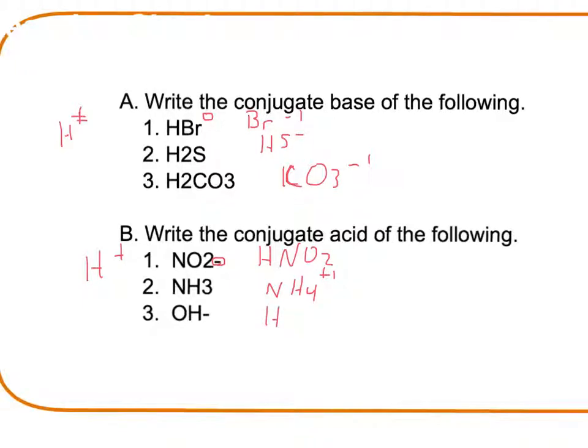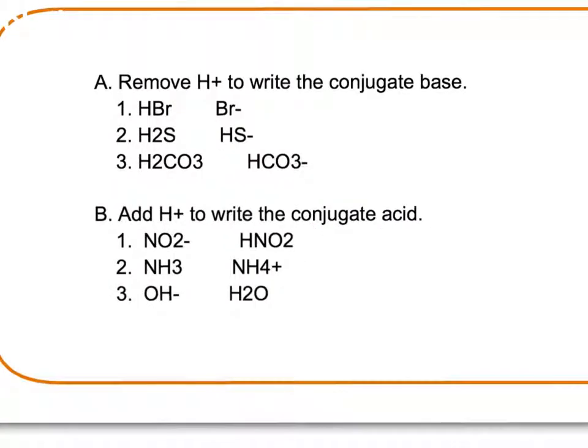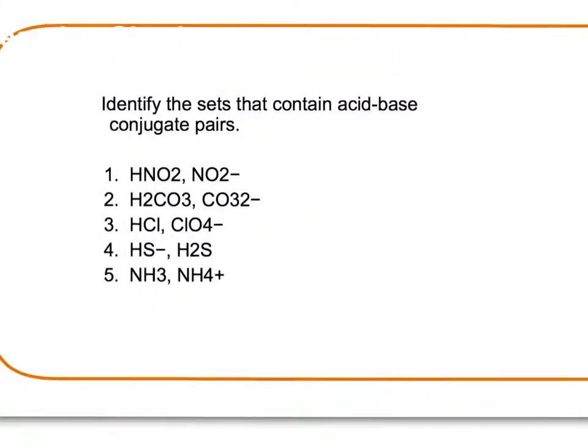Here we will have HOH. We added that positive charge, it dropped. You can also write this as H2O. Here you can see the examples from the previous slide and the correct answers written out.